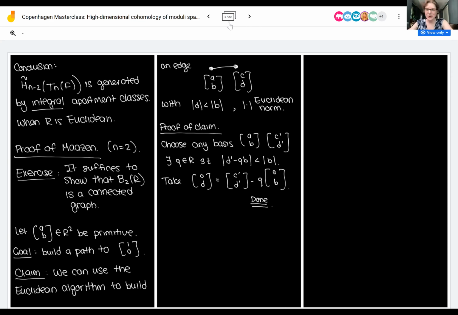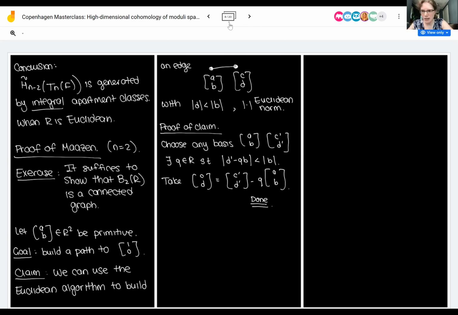that's right. Definitely, if the ring is not a PID, then you are not generated by integral apartment classes. Church, Farb, and Putman proved something stronger than that. That came up in the first lecture. And so the question is for number rings that are PIDs but not Euclidean.